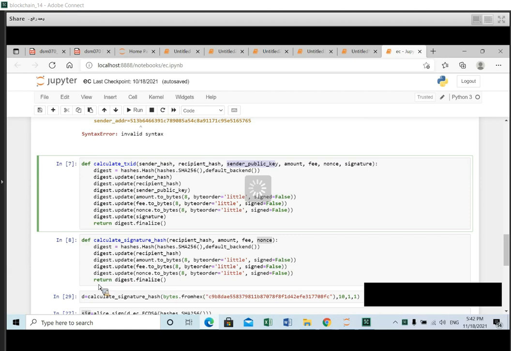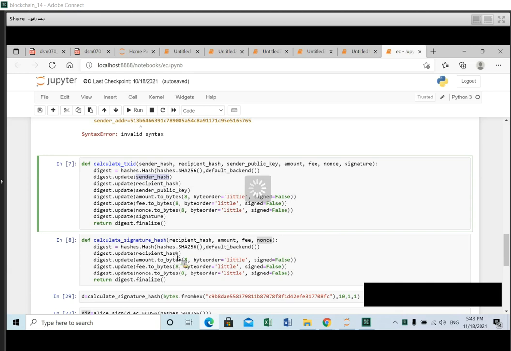So here I can generate a transaction ID. Transaction ID is equal to, let me call this function. Sender hash. This is our transaction sender hash.